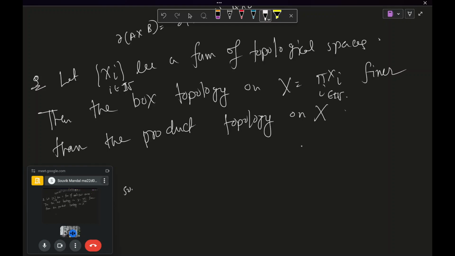So what is the characterization of the product topology?